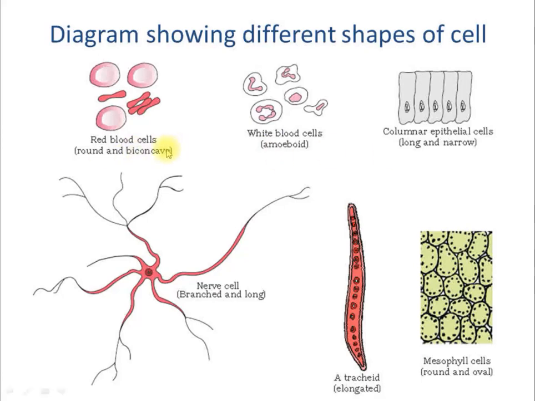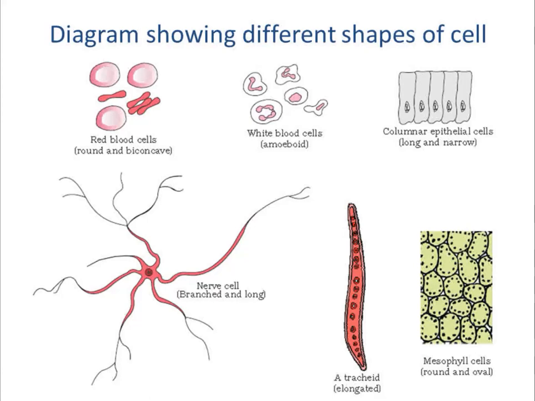Okay, chalo, moving toward the third one, columnar epithelial cells. Epithelial, definitely we remembered in the last lecture. Epi refers to above, and thelium is a protective or covering type of layer. So one which is present above is called epithelial, right?